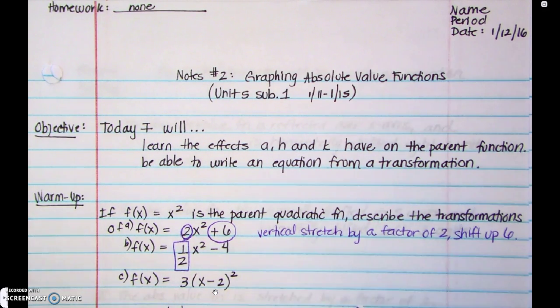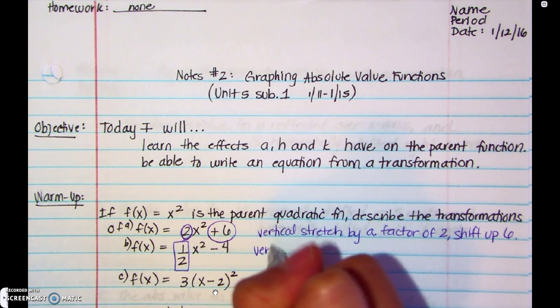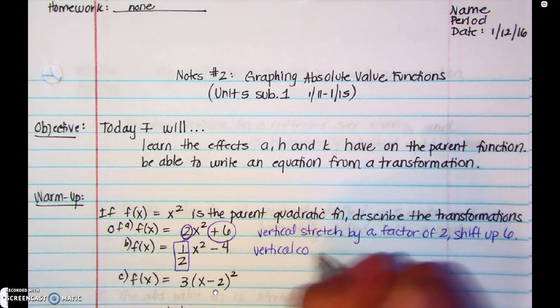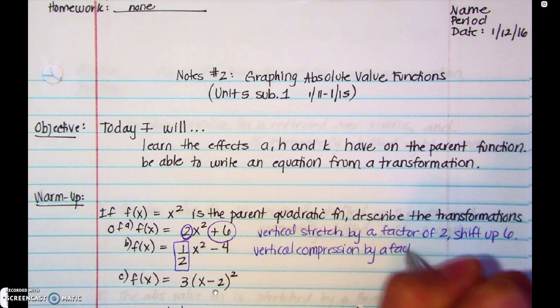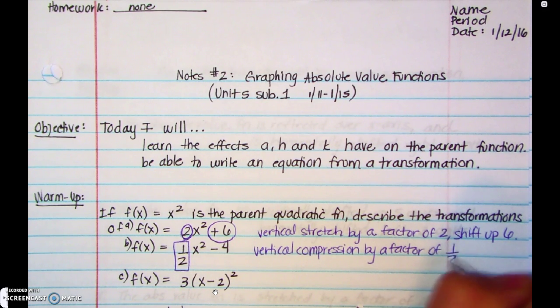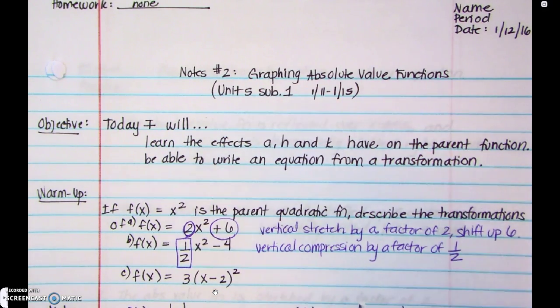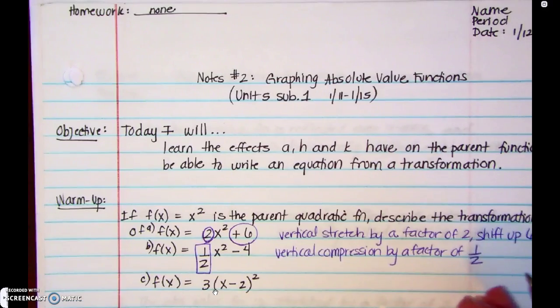So instead of stretching it, it's going to cut it or compress it. So vertical compression by how much? By a factor of 1/2. Okay, so it's making it shorter, fatter, wider.